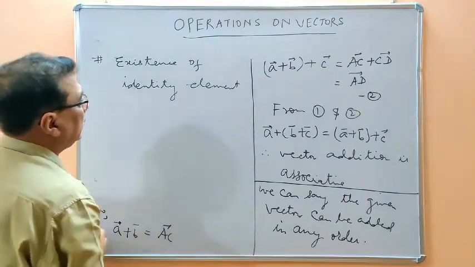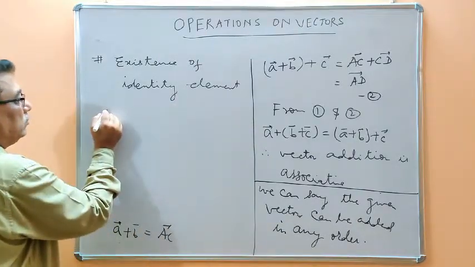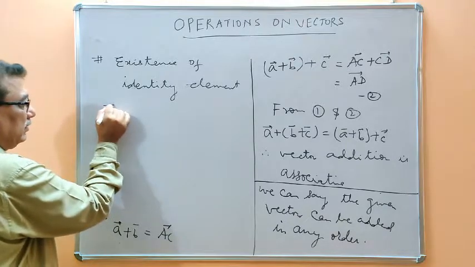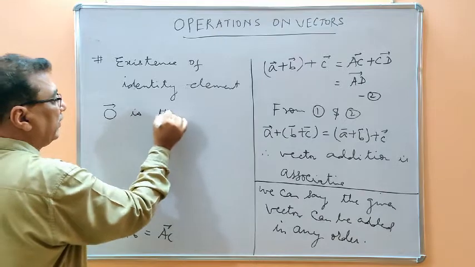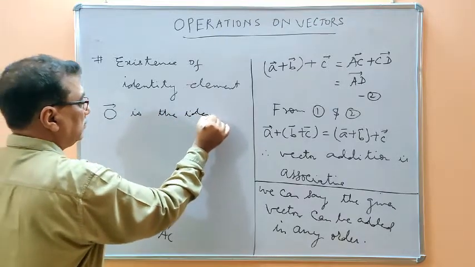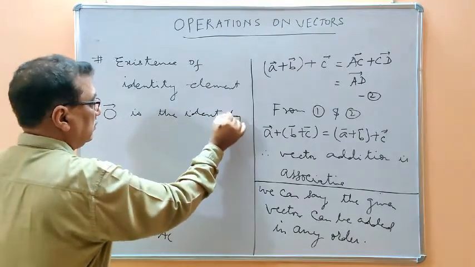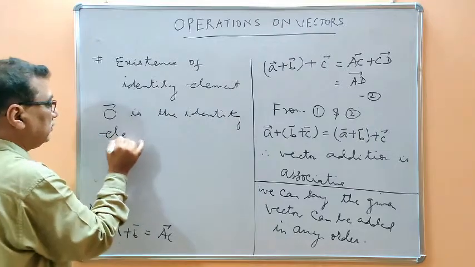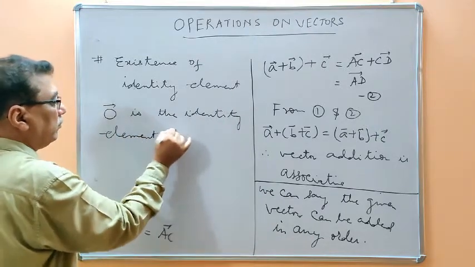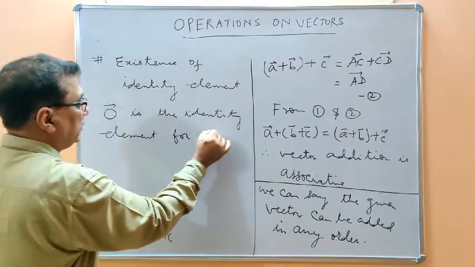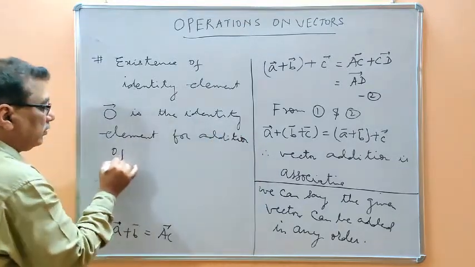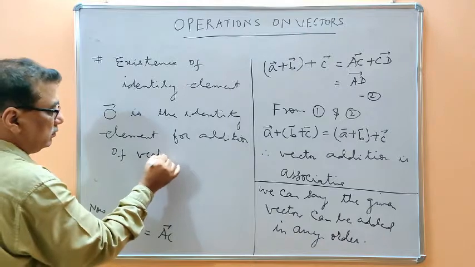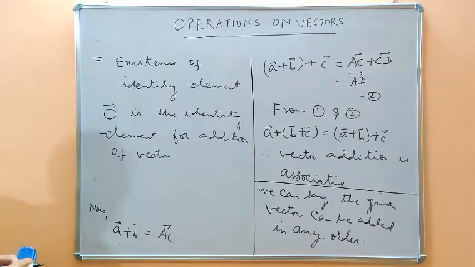Now, the 0 vector is the identity vector or identity element for addition of vectors. How is it so?